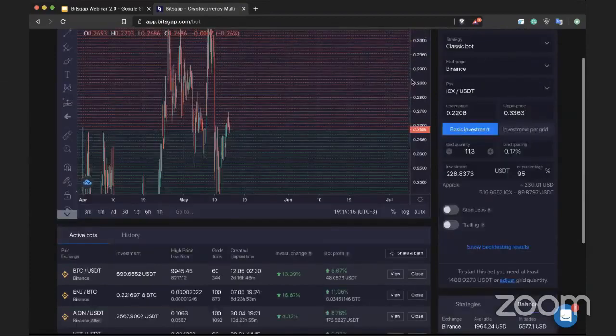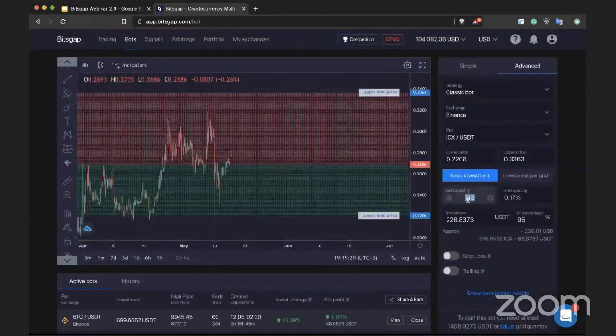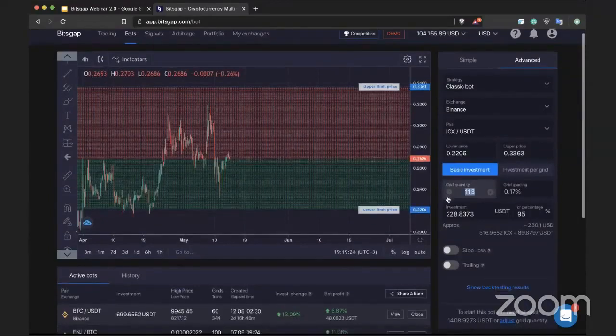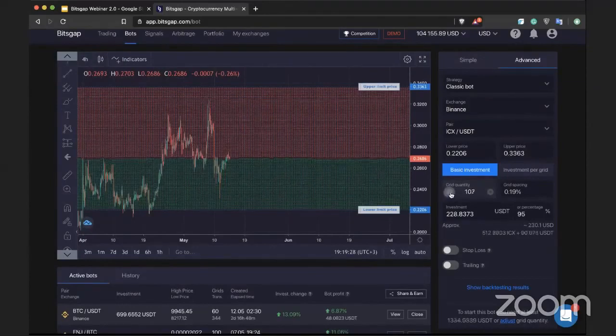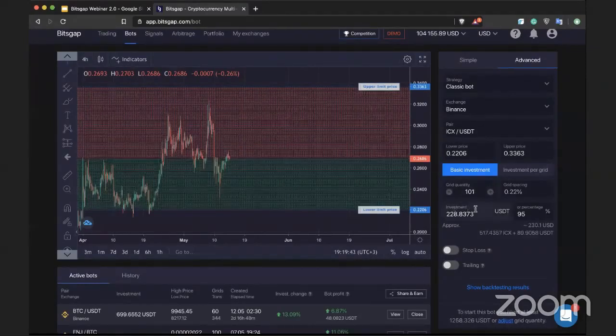So now as you see, I have 113 grid levels in total. I can adjust it. I can use these small support buttons. So I can put less grid levels or I can have more grid levels. And as you can see, each time I adjust the grid quantity, the total investment amount required to initiate the bot adjusts accordingly.